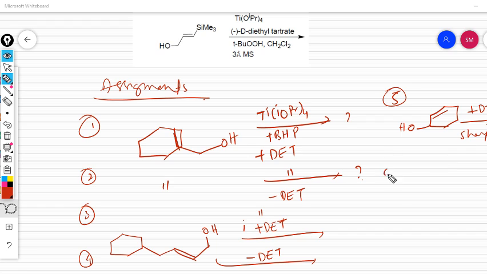Okay, what could be the product? Next, minus DET and Sharpless conditions. So write all the products and send them by WhatsApp. Okay, thank you.